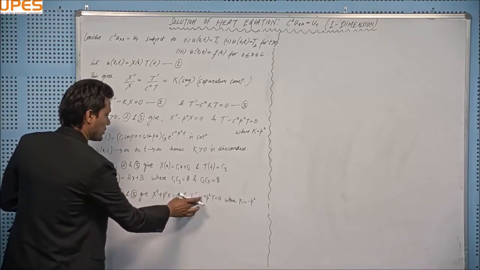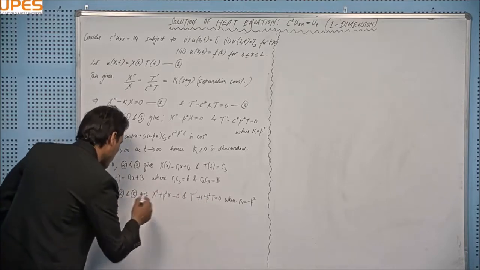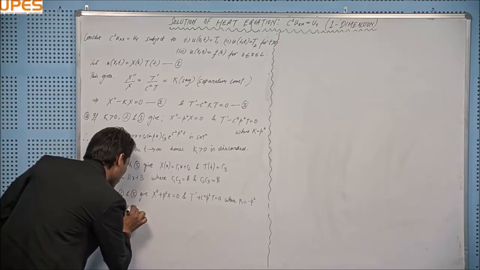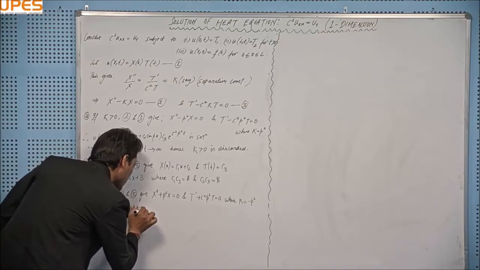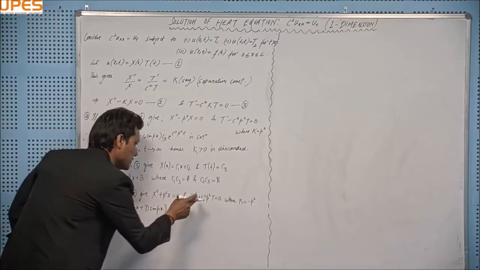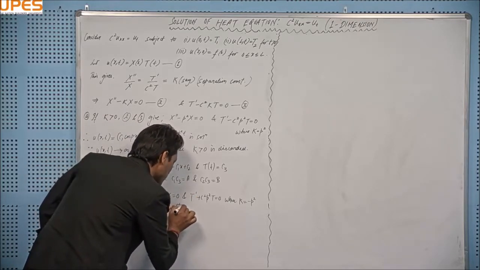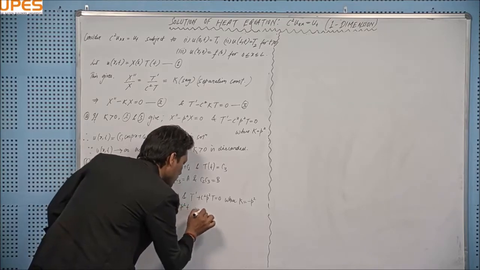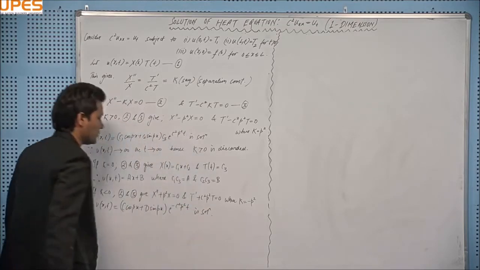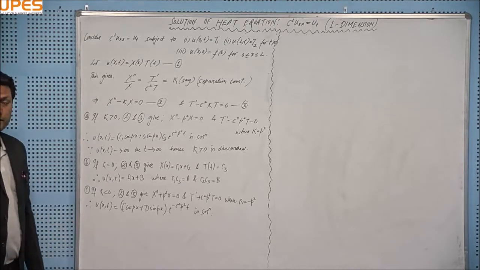Here we have an exponential function with some constant, and that constant multiplied will give me some new constant, that will be c cos px plus d sin px, and then e to the power minus c square p square t is the solution.